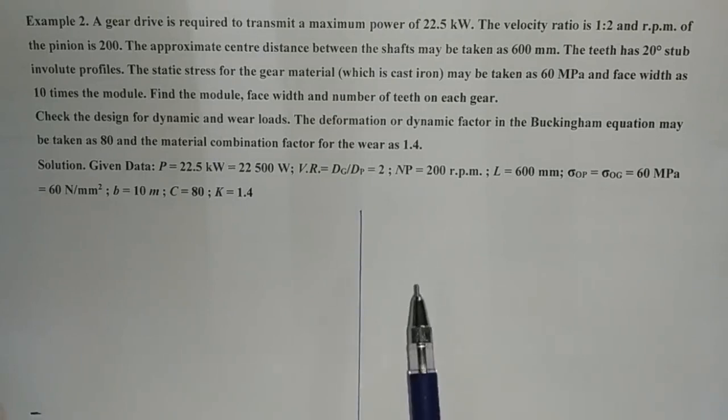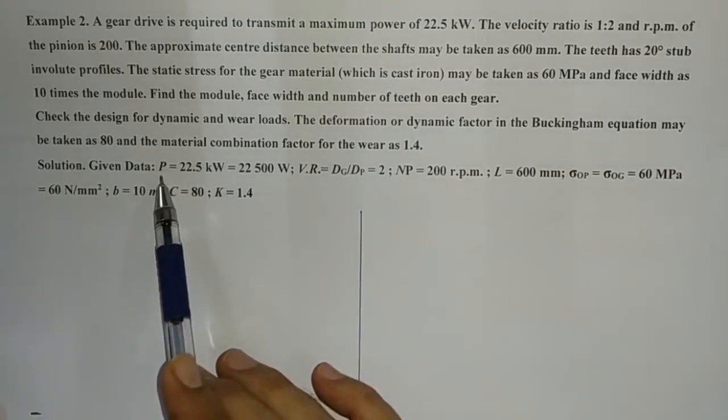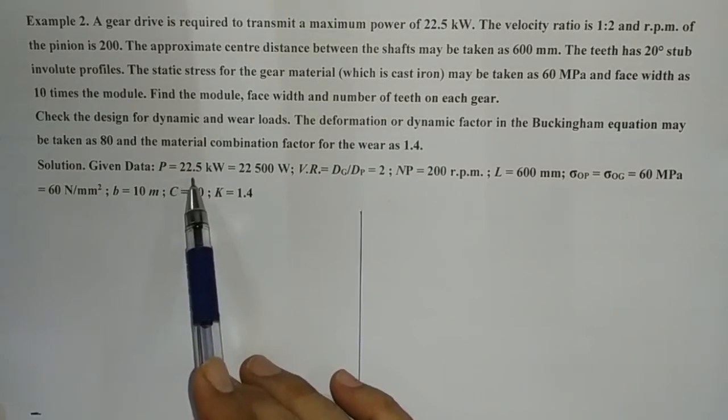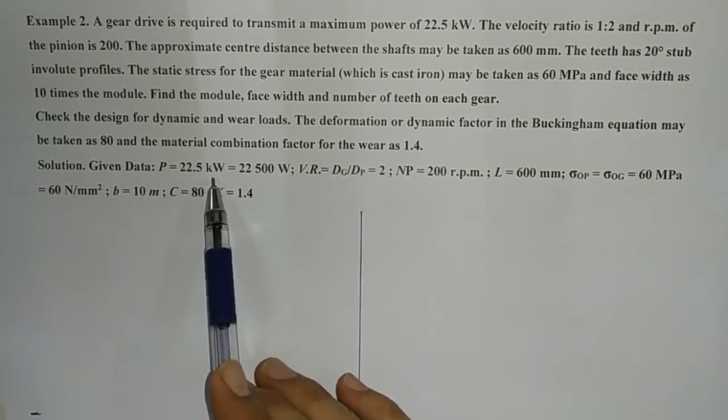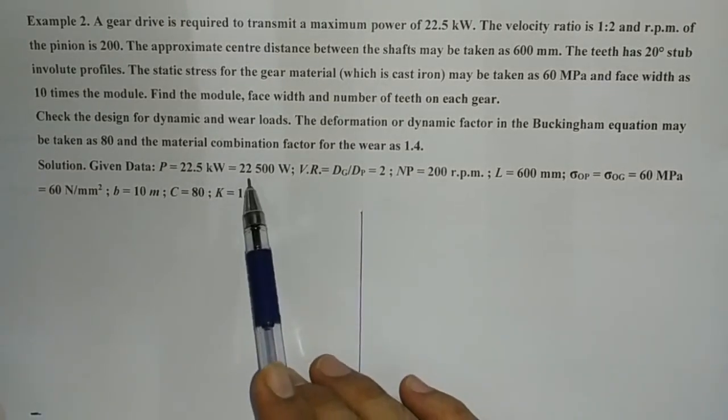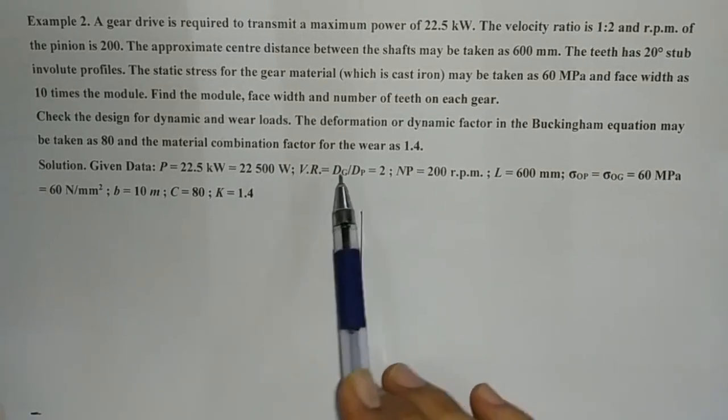So we have to find the module, face width, number of teeth on each gear and pitch circle diameter of both the gears. Then after finding these different dimensions, we have to check the design for dynamic and wear load. So first of all, the given data: power to be transmitted P is equal to 22.5 kilowatt, that is 22,500 watt.